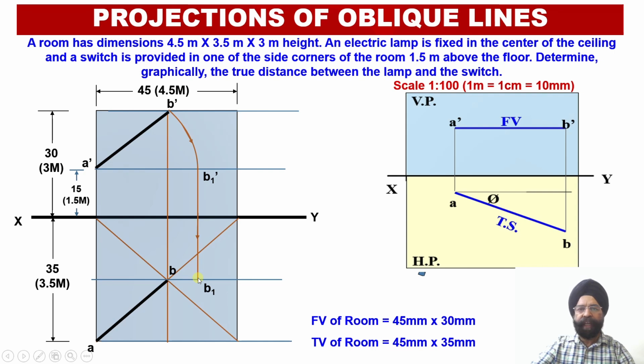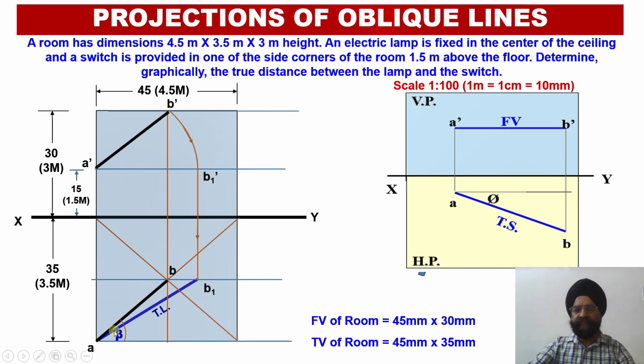And the moment we obtain this point B1, we need to join A with B1. This we have done using a blue line just to differentiate between the apparent length projection and the true length projection. So here AB1 will be the true length of this electric wire or the string which is going to join the switch and the electric lamp within this particular room.